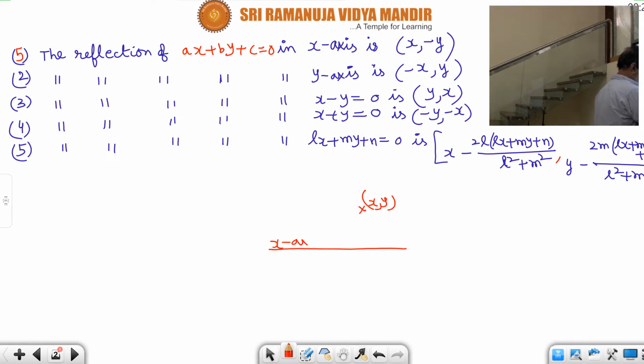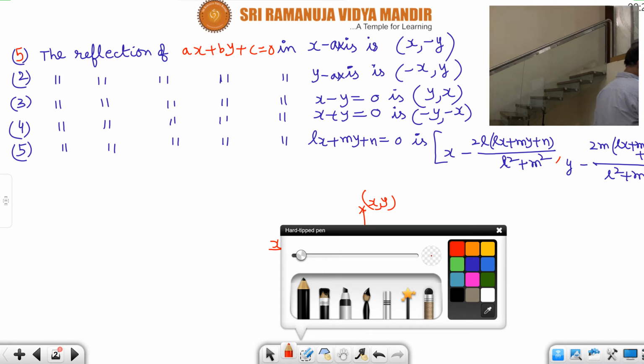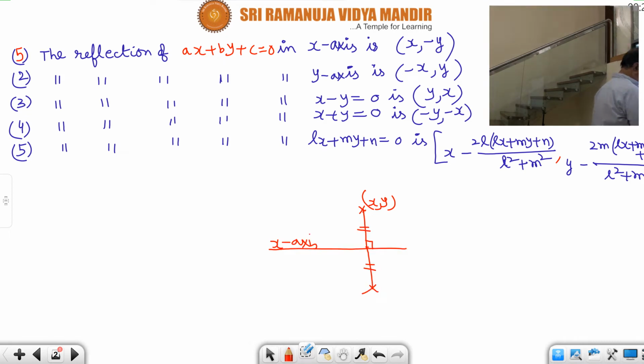X-axis is a line. First formula, I am talking about the first one. Reflection of a point in a line, everybody knows. From the point we drop a perpendicular, produce it to the other side by the same length. That point is known as the reflection. Okay. Now, both are lines. So, then what is the meaning? So, I will explain now.